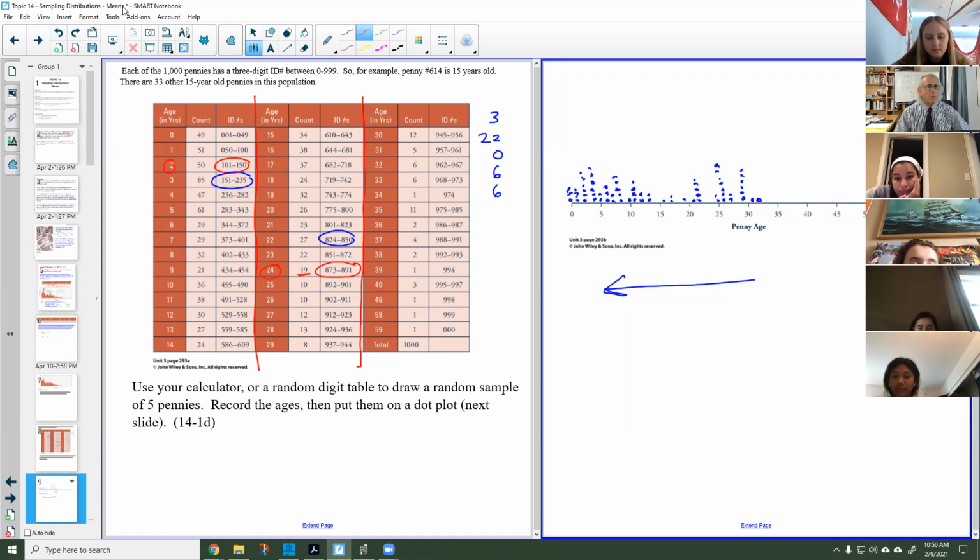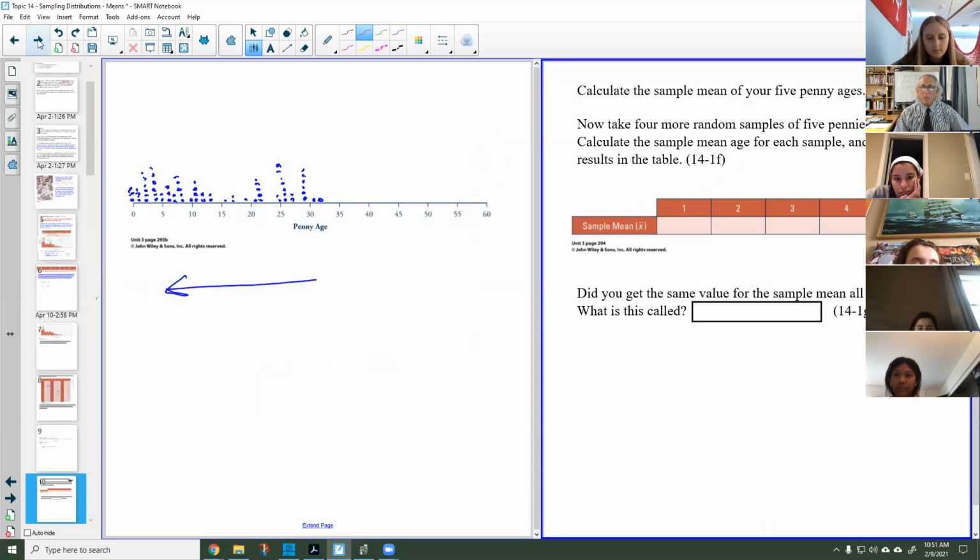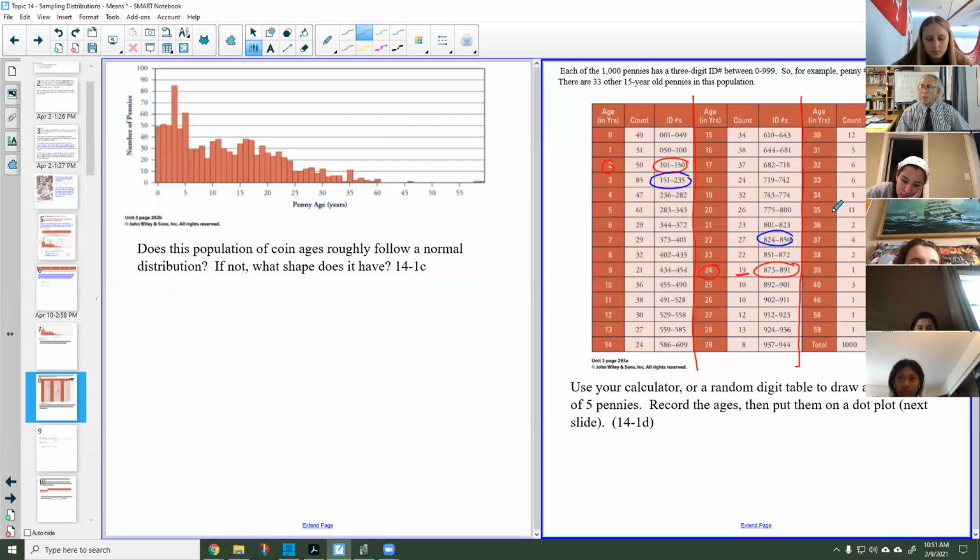Okay, so what I want you to do is calculate the mean of your 5 pennies. So if I go back to my 5 pennies here, mine were 3, 22, 0, 6, and 6.